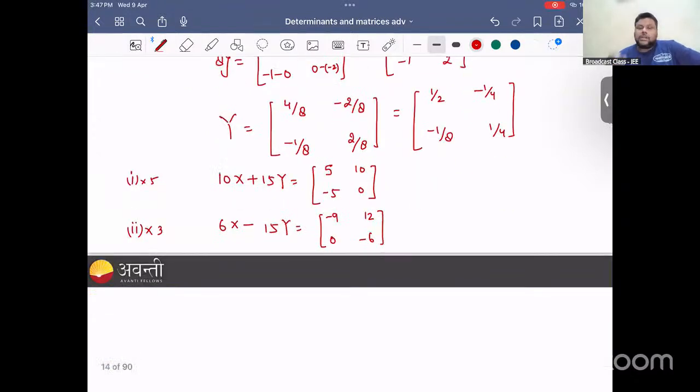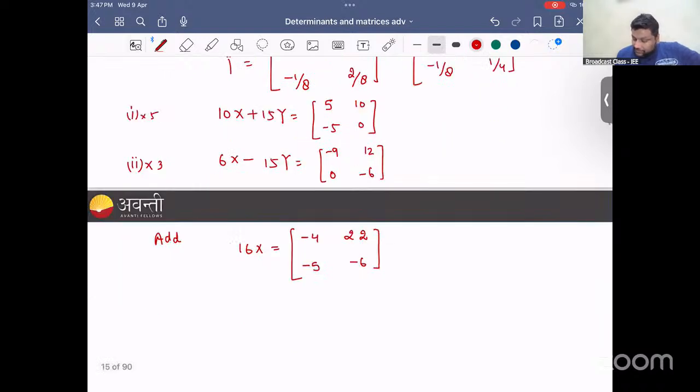Yes or no? Now what is the best way to get x? Add both the equations. So what do you get? 16x is equal to 5, minus 9, minus 4, 10 and 12, 22, minus 5, minus 6. So x is what? Minus 1 by 4, 22 by 16, minus 5 by 16, minus 6 by 16.